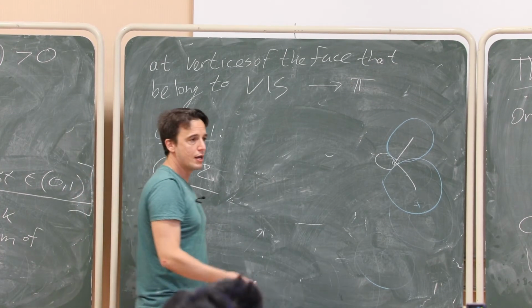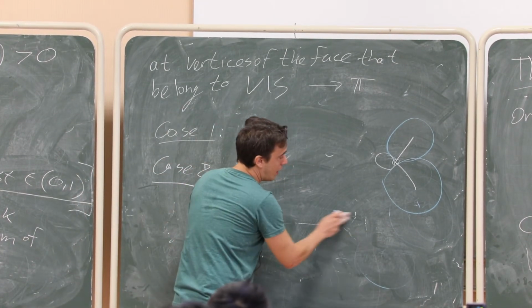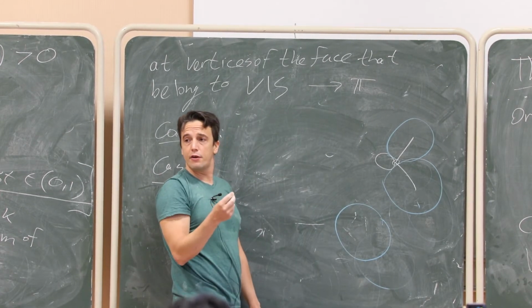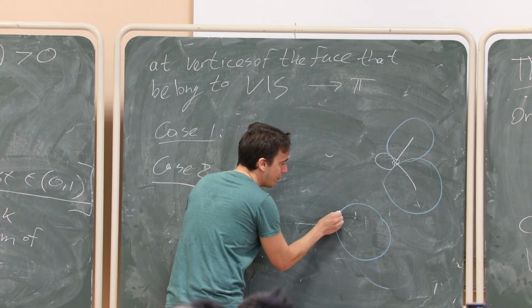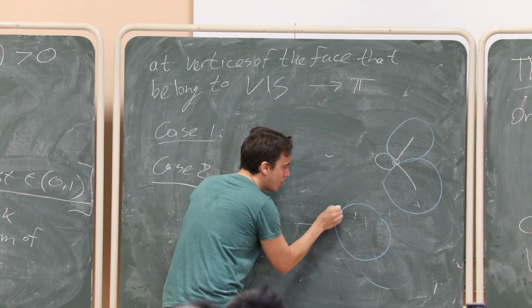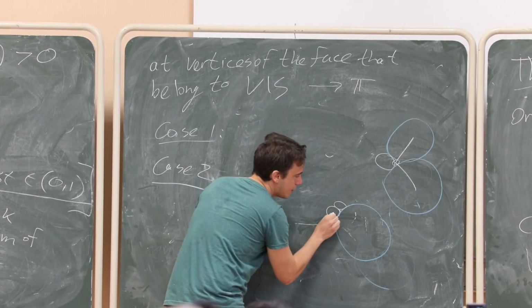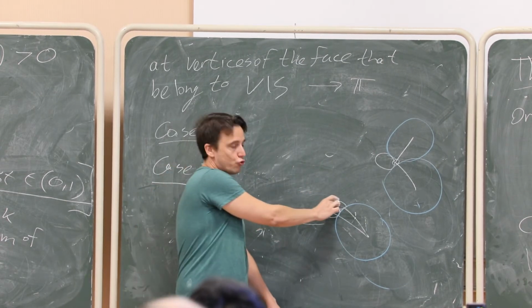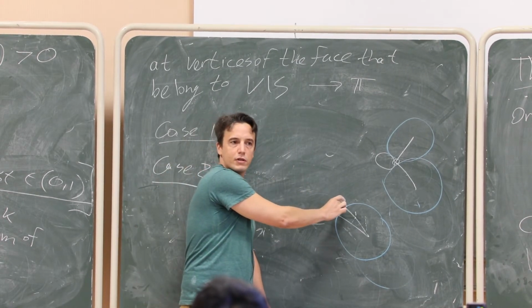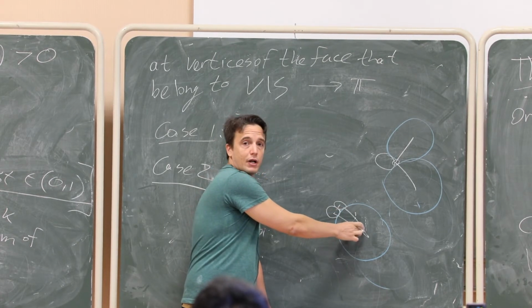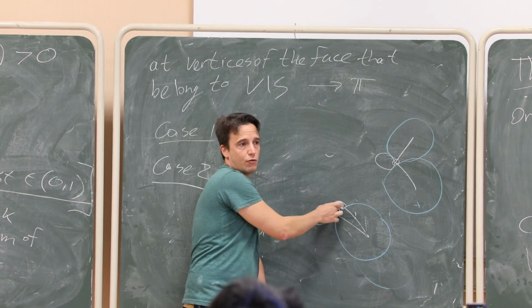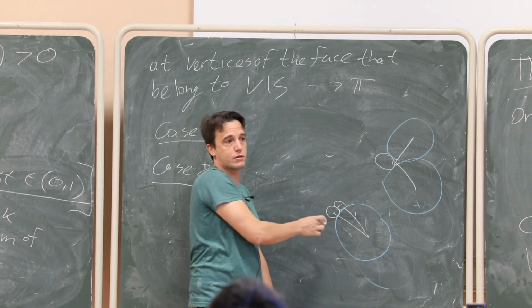So the other case is where you have one vertex that belongs to S and two other vertices that belong to V minus S. So this is how it looks. And you see that as you shrink them, they become smaller and smaller, and this angle becomes closer and closer to 0. That means that the sum of these two becomes equal to pi.